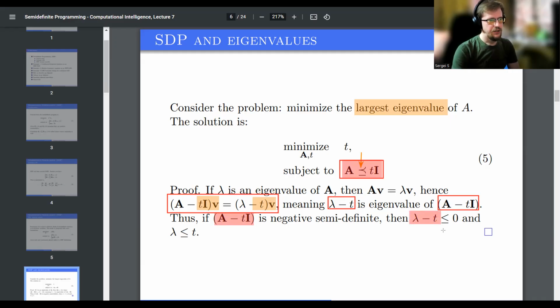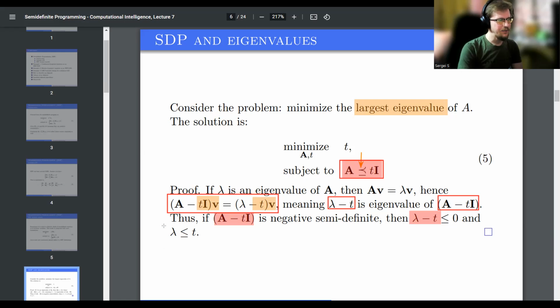Therefore, this is going to be less than or equal to 0. Why? If A minus Ti is negative semi-definite, it means all its eigenvalues are non-positive. That's what it means to be a negative semi-definite matrix. Hence, this eigenvalue of this matrix is also negative.